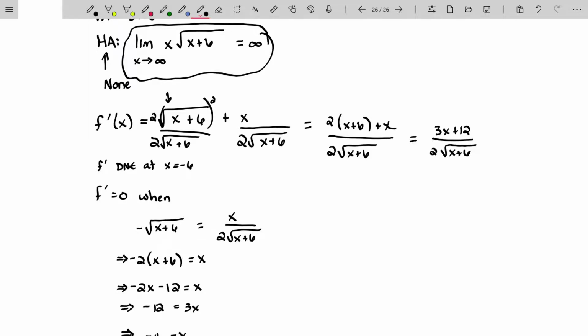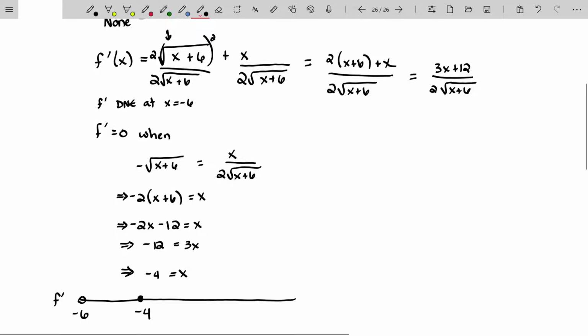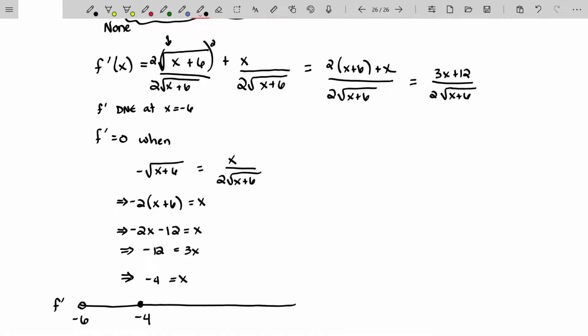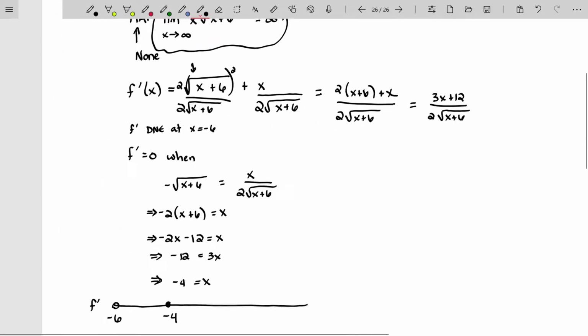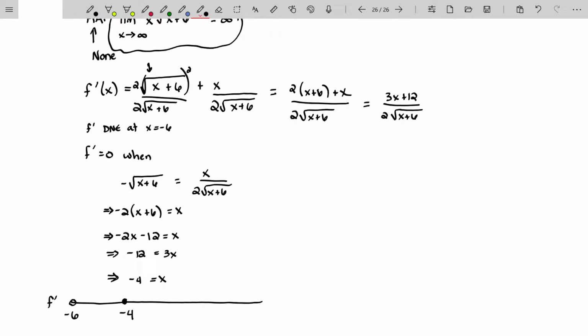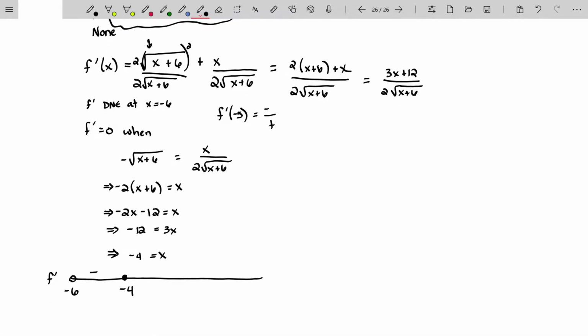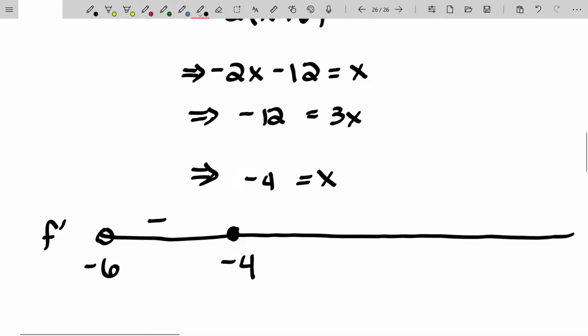Yes, it is. Okay. So now what I'm going to do is just plug in to that last little expression there. I'll plug in -5. So f prime evaluated at -5, we have -15 plus 12, which is a negative number on top, and the denominator is always going to be positive. So it's negative, so the function is decreasing.